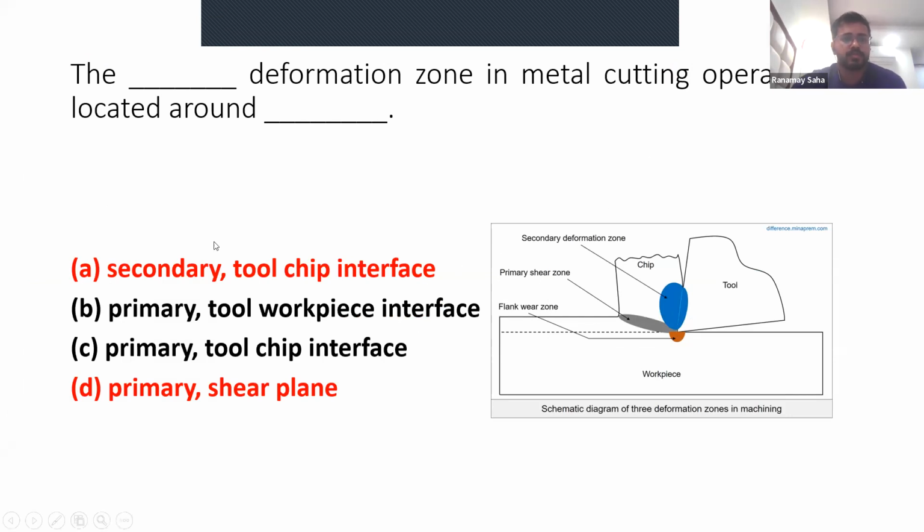So yeah, the first question says that which deformation zone in metal cutting operation is located around which region?